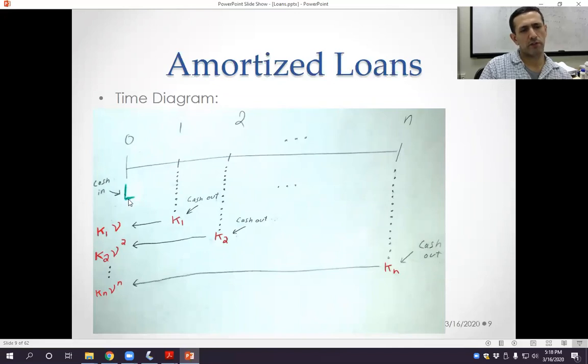I used green for L because that's the cash in, and red for the payments because that's what you're paying. Unfortunately, if you're looking at the stock market right now, you've probably seen a lot of red, like you see a lot of red in this slide, but anyway.